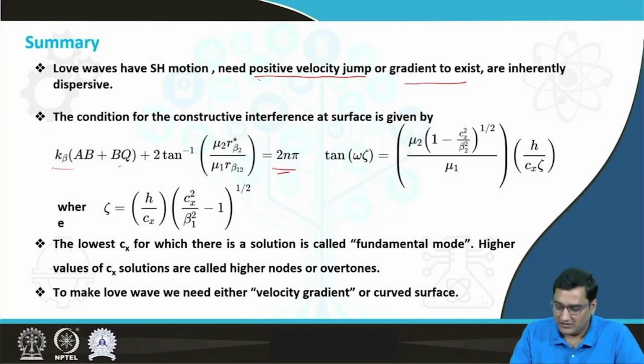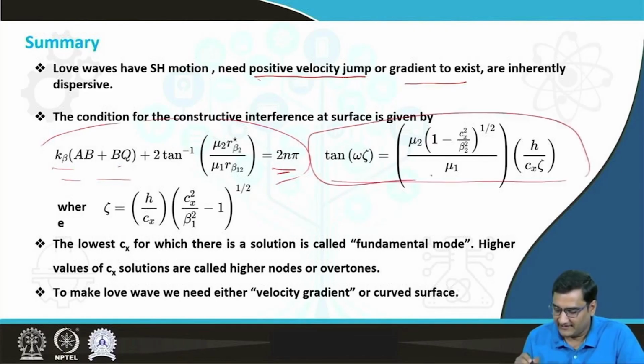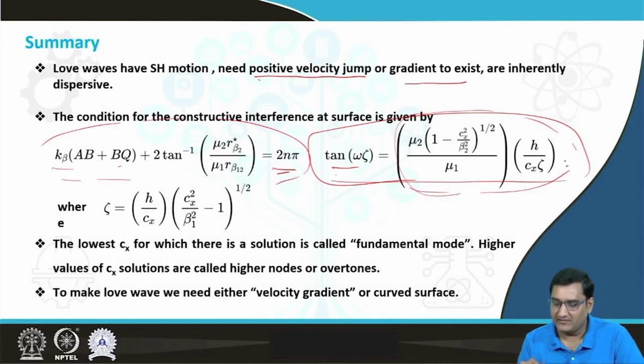When we solved this equation, we drew the curve between the tangential values and the right hand side of this equation, and wherever the tangential curve and the hyperbolic curve met gave a solution to this equation related to the modes of dispersion. Here in this equation, zeta is equal to h upon Cx in bracket Cx square by beta 1 square minus 1 to the power 1 by 2.